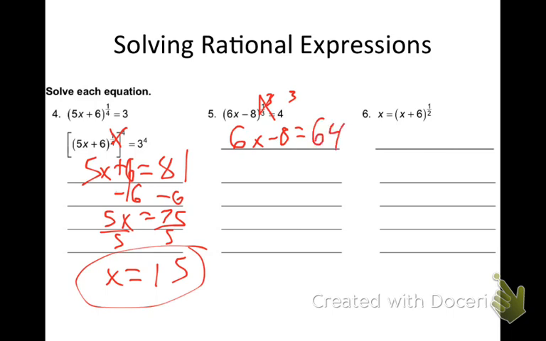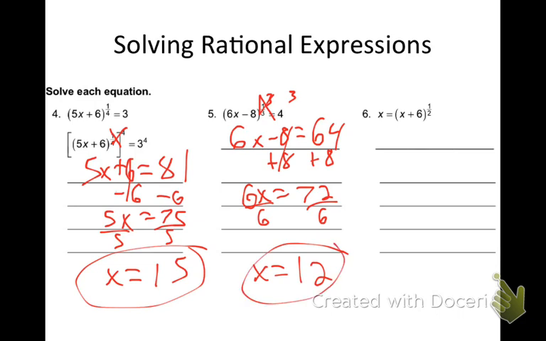So 6x minus 8 equals 64. I'm going to add 8. I get 6x equals 72. Divide by 6, and I come out with x equals 12. Thank you, Mr. Schultz. X equals 12.